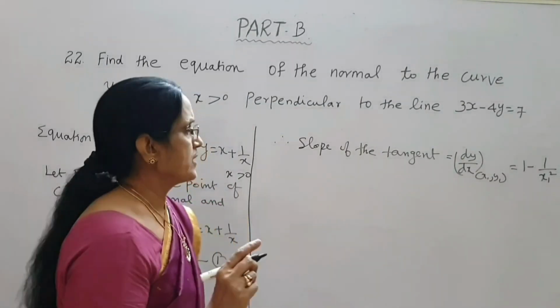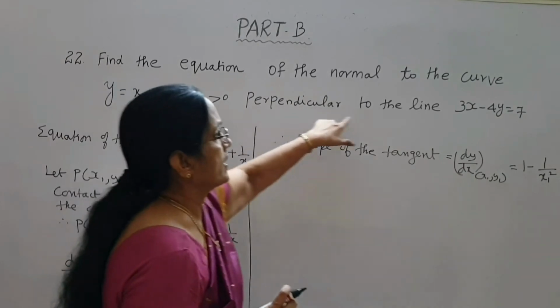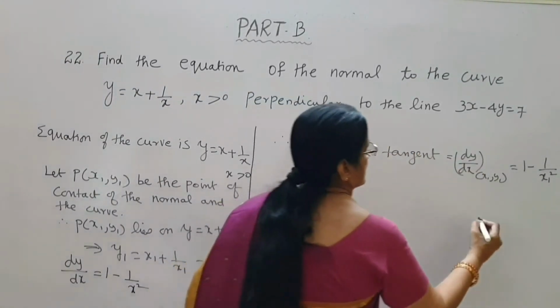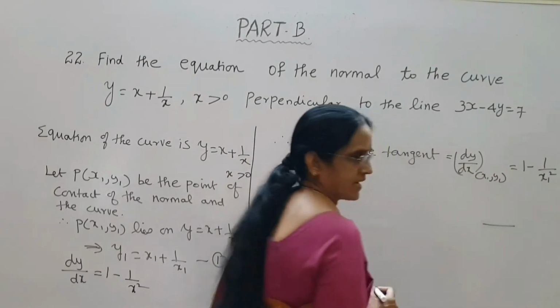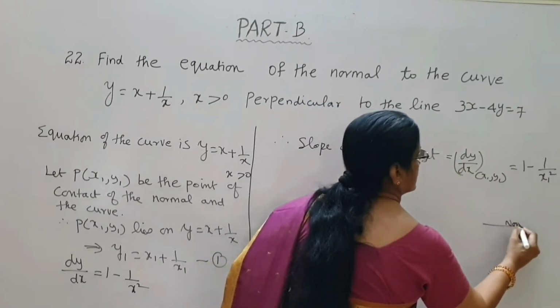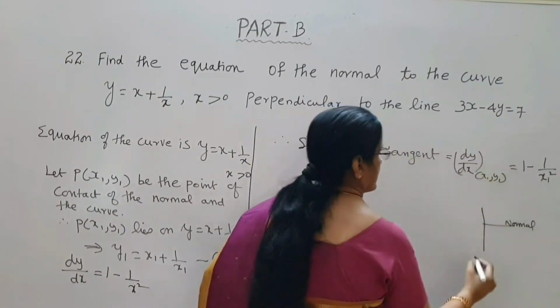But what is given to you? The normal is perpendicular to this line. See here, this is the normal line. This normal is perpendicular to this line L1.